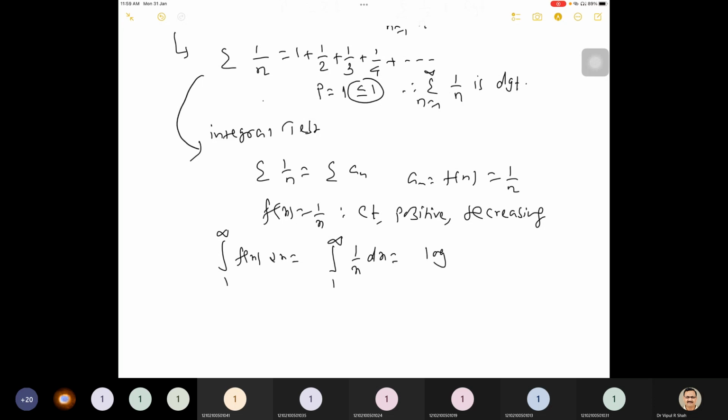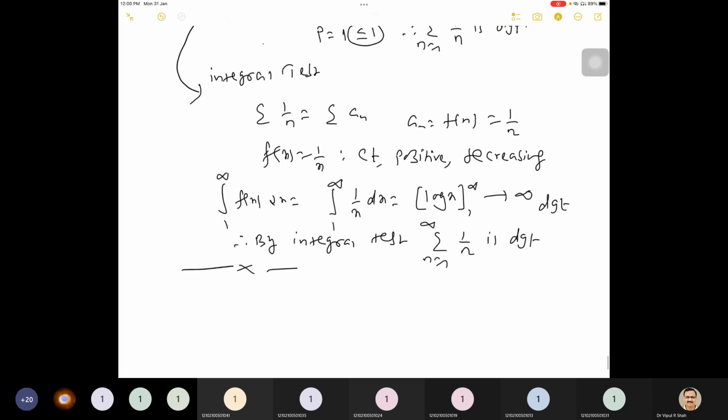You know this integration is log x, and this tends to infinity because log infinity is infinity. That means this integration does not have any finite value, so it is divergent. Therefore, by the integral test, the series 1 upon n is divergent, both ways, either by the p series or this way.